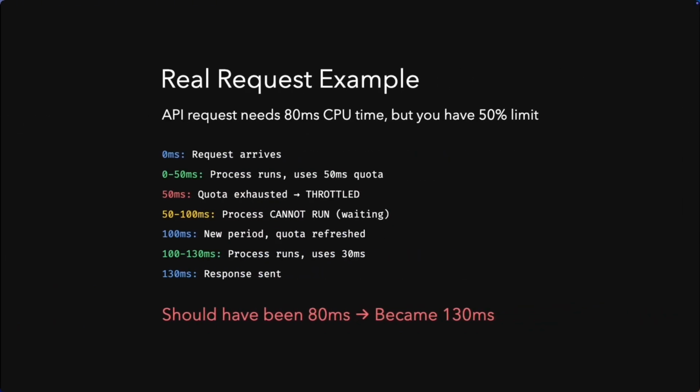So, what happens from the application's perspective? Let's say your API server receives a request that needs 18 milliseconds of CPU time to process, but you have a 50% CPU limit, so 50 milliseconds per 100 millisecond period.